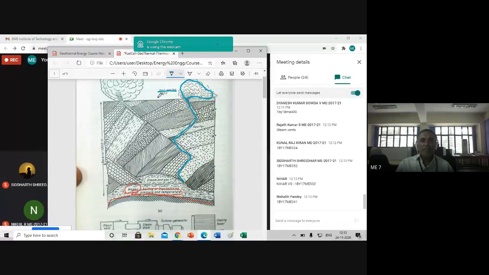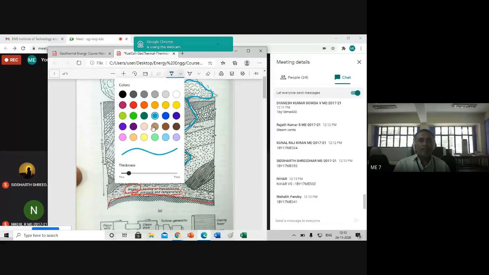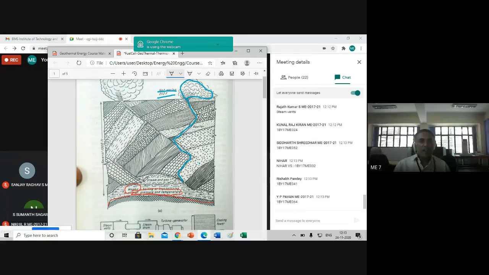So temperature is 212 degrees Fahrenheit. It means 100 degrees Celsius. This I have shown in the last class, but I will repeat it. Whereas with higher temperature and higher pressure, that steam will escape like this.